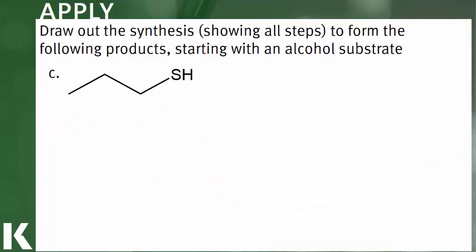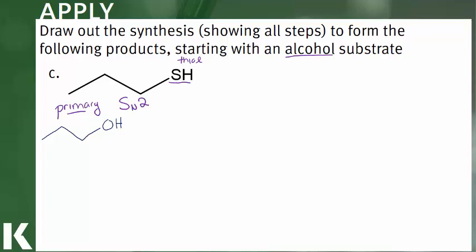In this case, we are needing to start with an alcohol, and here we are making a thiol. So to find our starting point, we'll just replace that SH group with an OH group. Notice again, we have a primary alcohol. So this will also follow an Sn2 pathway for substitution.